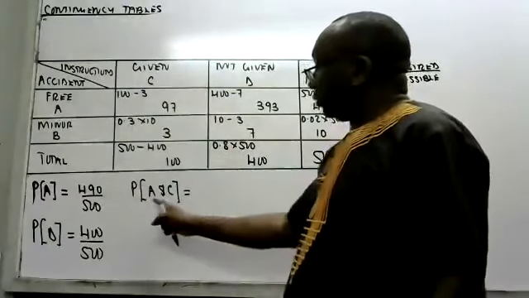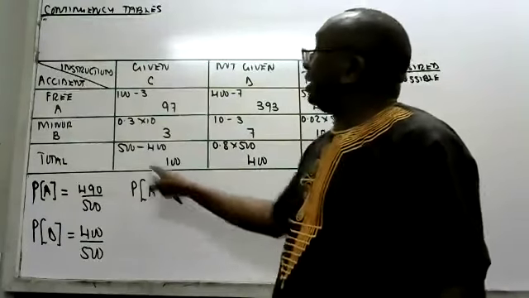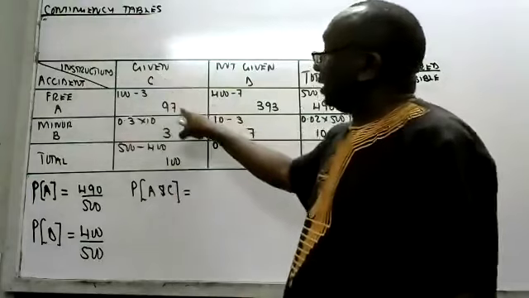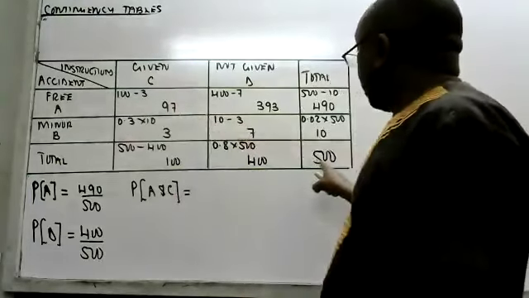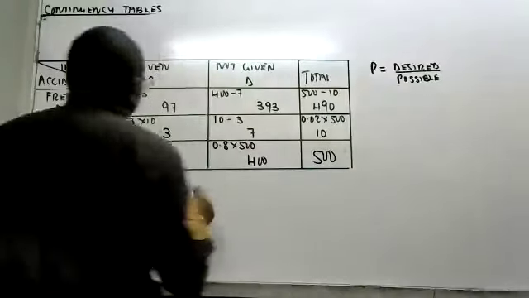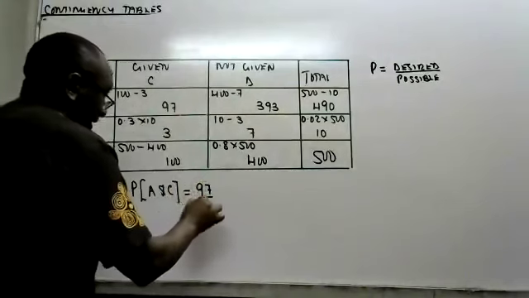So if you are told to get A and C, you go where A and C meet. They meet here. So this is our desired, and our possible is this one. So that will be 97 out of 500.